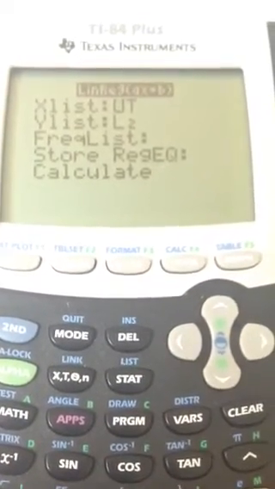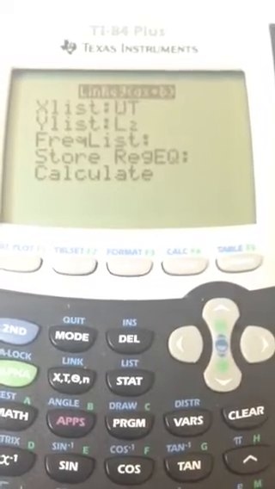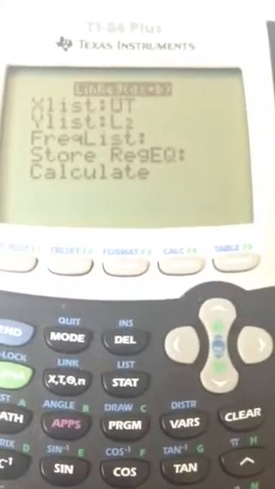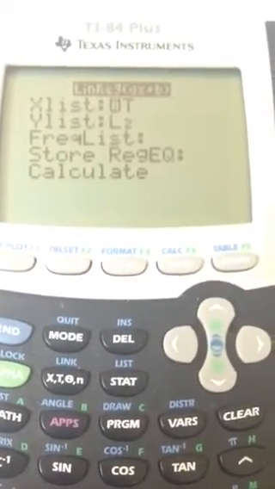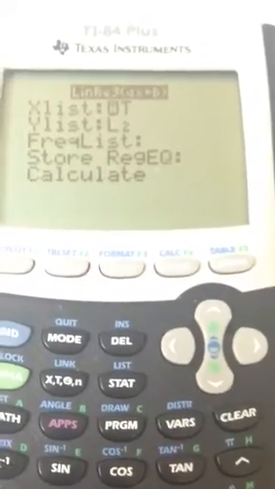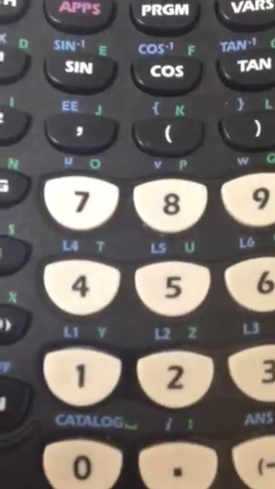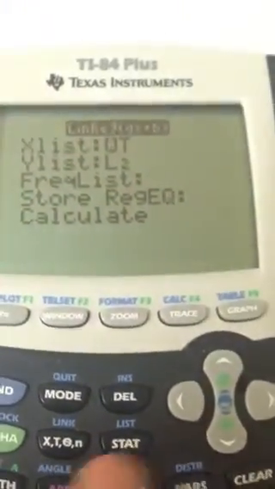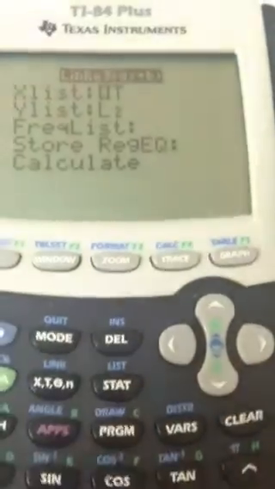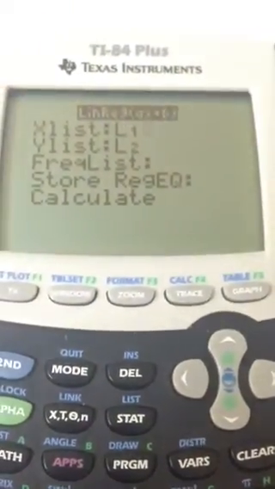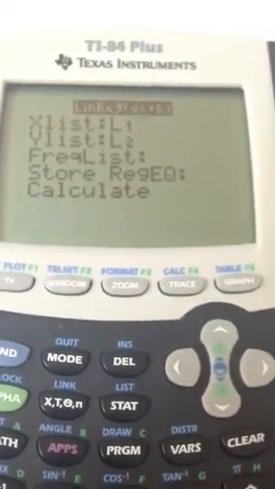Now somebody's messed with this one because it doesn't say L1. It says the X list is UT. I like Tennessee, so that'd be a cool list, but it wouldn't help me solve this problem. So for my X list, I need it to be L1. Look down here on your calculator. Do you see L1 right there? So I'm going to push where it says X list. I'm going to push second 1, and then it made it L1.